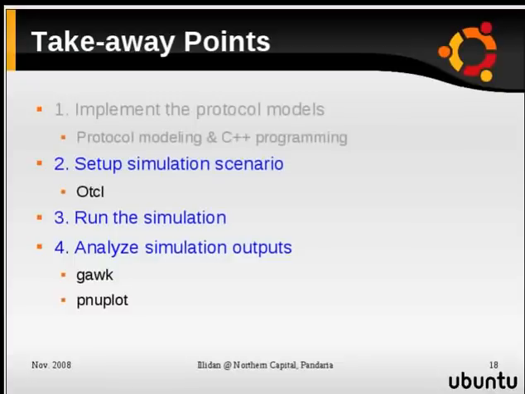Then phase 2, set up the scenario. Here we'll use the OTcl script to specify the topology and traffic. Then we run a simulation. After that, we get the raw outputs, the trace, and then we'll use an awk script to analyze the trace to get the dataset we want. After that, we may plot or visualize the dataset with GNU plot.